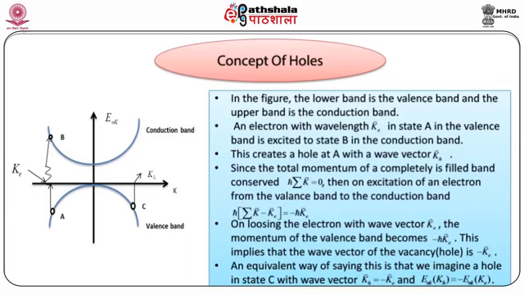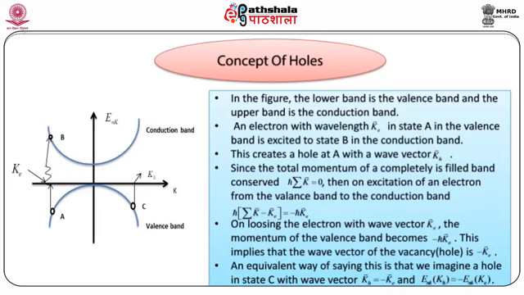Since the total momentum in a completely filled band is conserved, that is h cross summation over k equal to 0, then on excitation of an electron from the valence band to the conduction band, h cross summation over k minus k_e is equal to minus h cross k_e. On losing the electron with wave vector k_e, the momentum of the valence band becomes minus h cross k_e. This implies that the wave vector of the vacancy, which is called a hole, is now minus k_e.